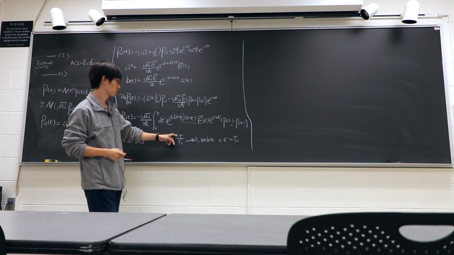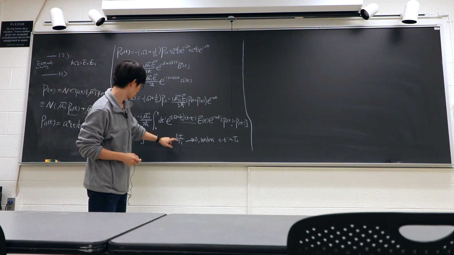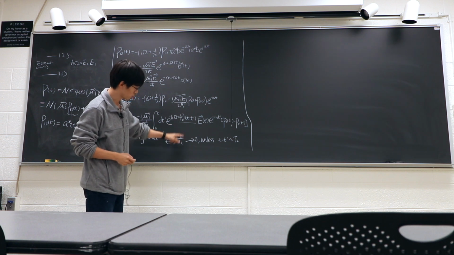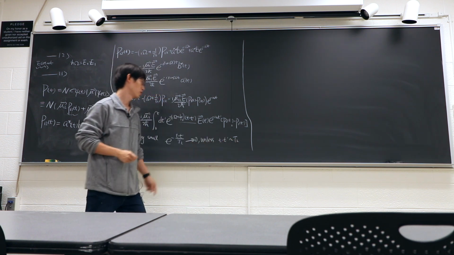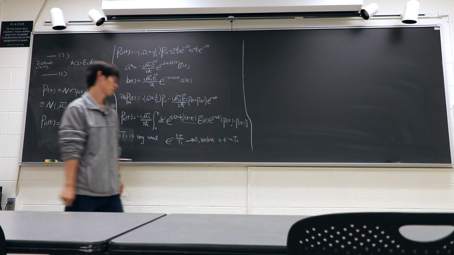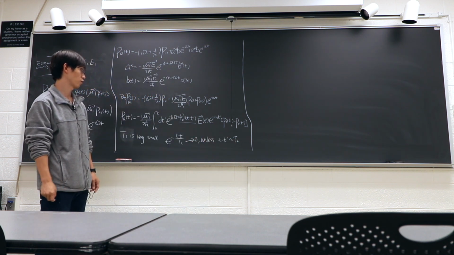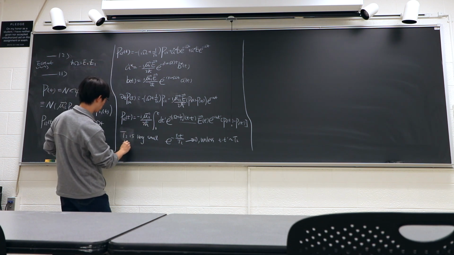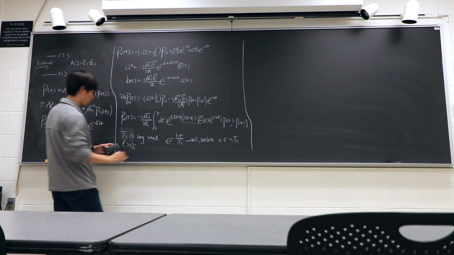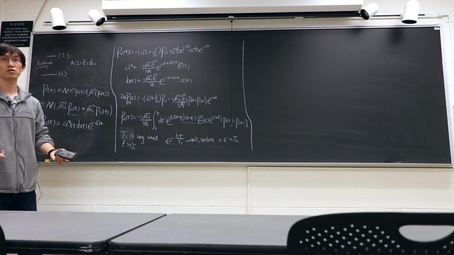For any other numbers, because T2 is small, this term explodes and this entire thing goes to 0, unless you have t minus t prime approximately on the level of T2. So what this tells us is that if we assume t is much larger than T2, we can always do this because we choose a frame, right?